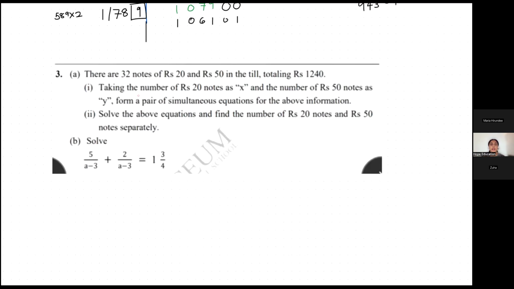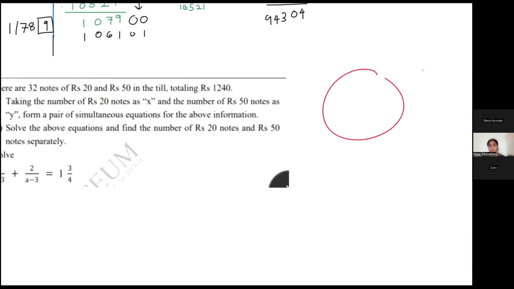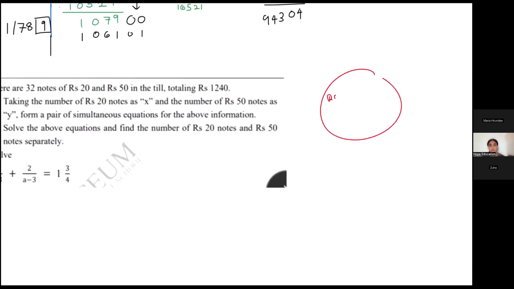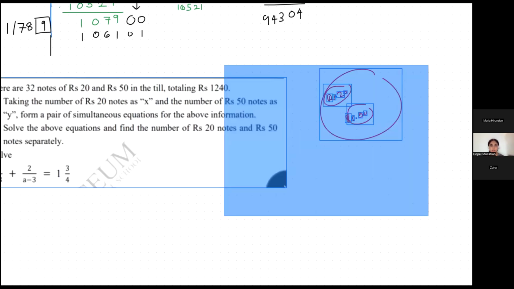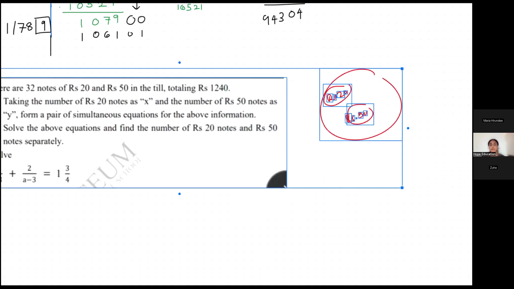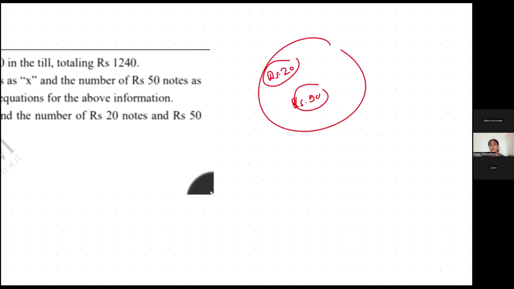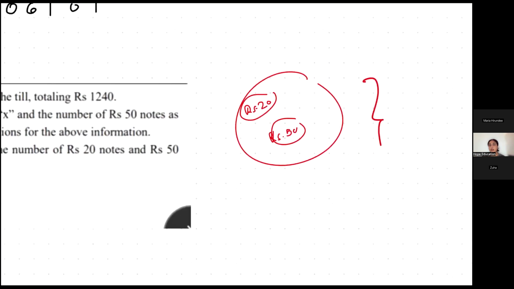There are 32 notes of 20 rupees and 50 rupees in the till. We don't know how many of each. We just know that there are multiple 20 rupee notes and multiple 50 rupee notes. The total number of notes is 32.